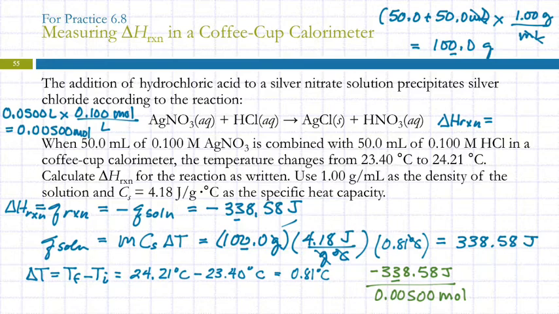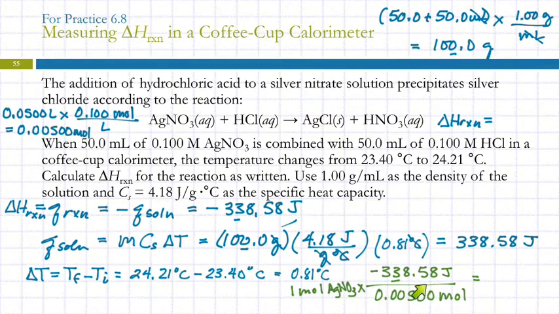And so our unit would have a fraction in here. Or maybe this would be better. Let's think of it this way. I want to know the amount of energy when 1 mole reacts, because that's what's listed in the equation. So I want to start with 1 mole of silver nitrate.